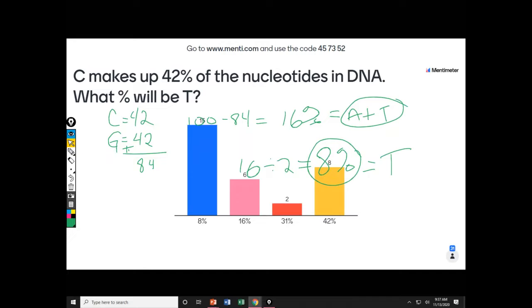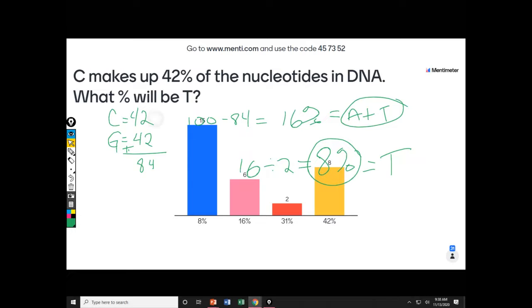Right, everybody see how we worked through that? Okay, so the first thing you want to do when you're tackling these types of questions is list out who's supposed to be paired with who. That'll help you make sure that you're targeted to the right nucleotide. And then the second thing I would do is just do what we did here.